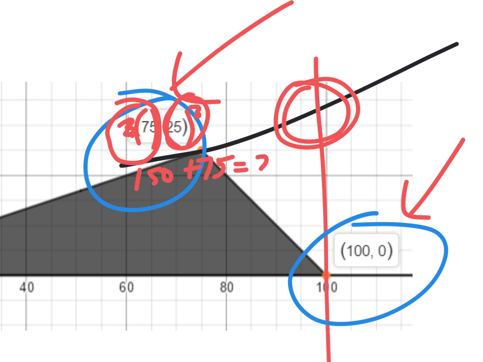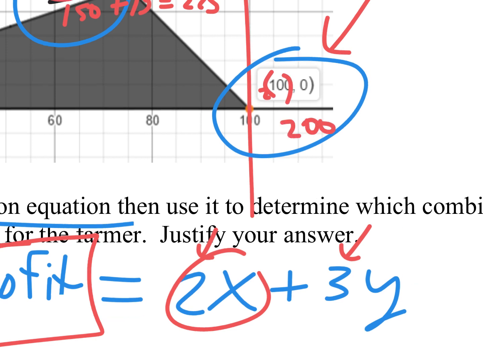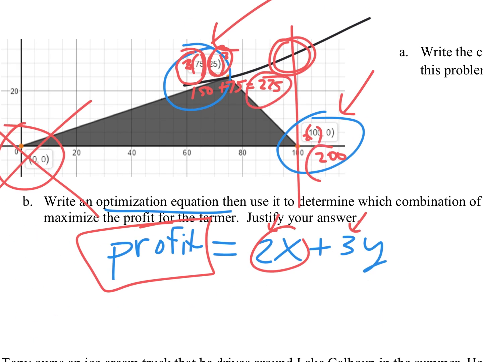That is 225. If I just use this one, for each X I'm going to get 2 times 100 is 200. What's more, 225 or 200? Well, 225 is more. I'd make more profit on this one. That's just an example of optimizing and figuring out which one gives you the most profit.